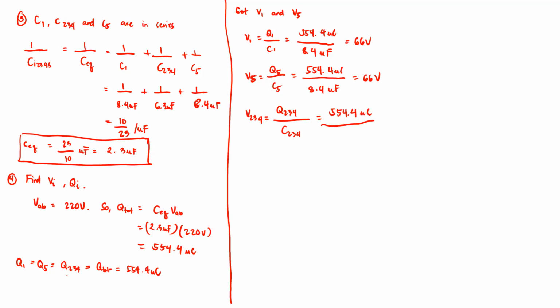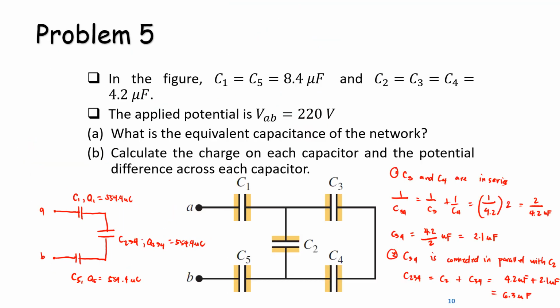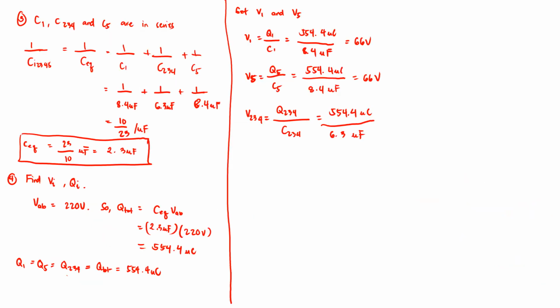And our C234 from the previous slide is equal to 6.3 microfarad. Therefore, your V234 is equal to 88 volts. Now, when you add these three, it should be equal to 220 volts. So 66 plus 66 plus 88 should be equal to 220 volts.